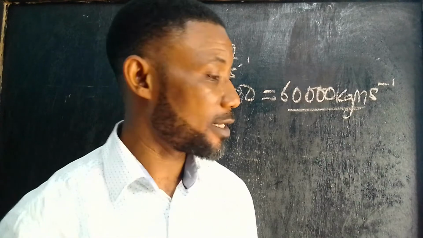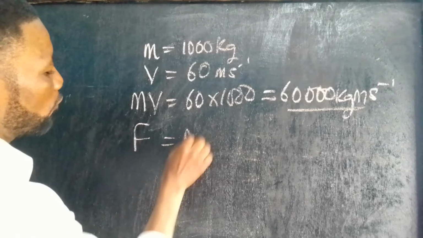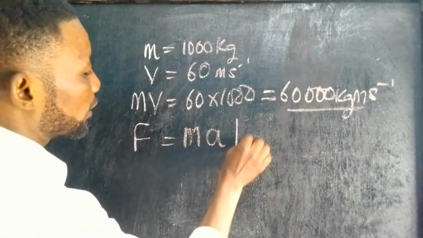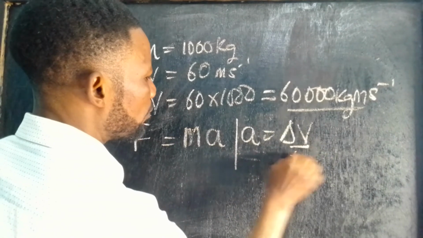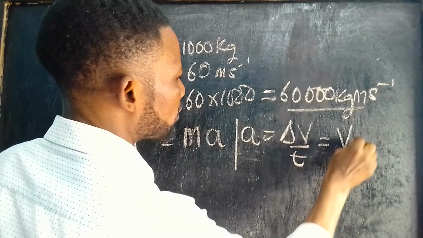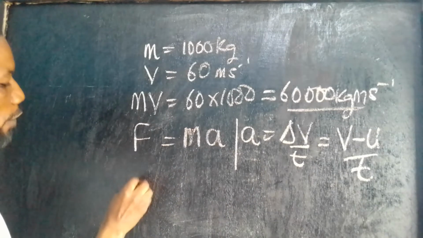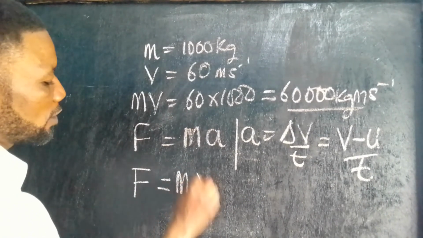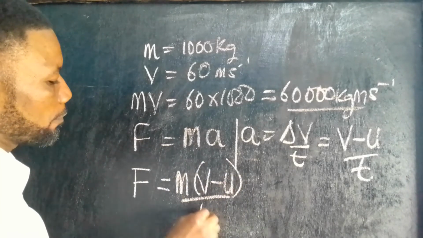From Newton's second law of motion, F is equal to ma, but the acceleration is the rate of change of velocity with time. It means the final velocity minus the initial velocity over time. And so the force we have been asked to calculate is the mass times the final velocity minus the initial velocity, over time.